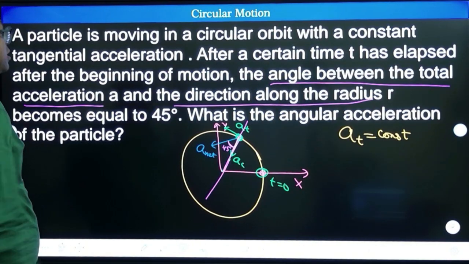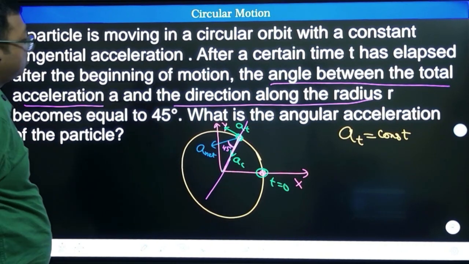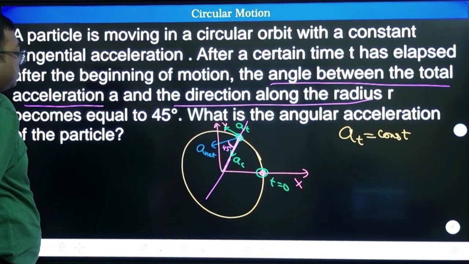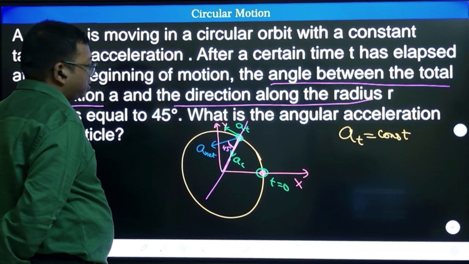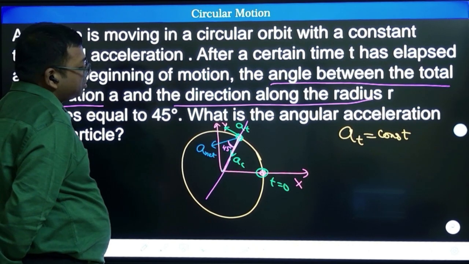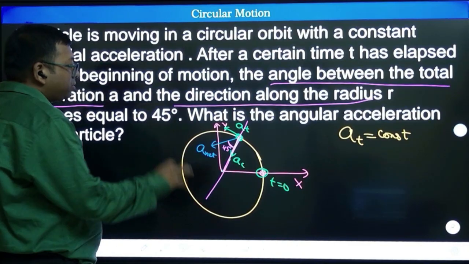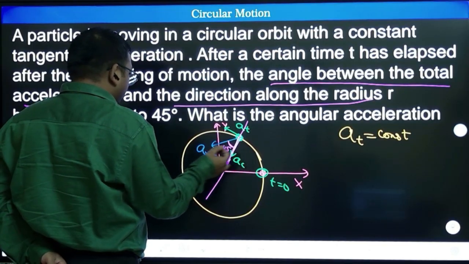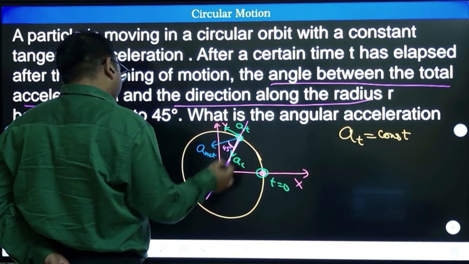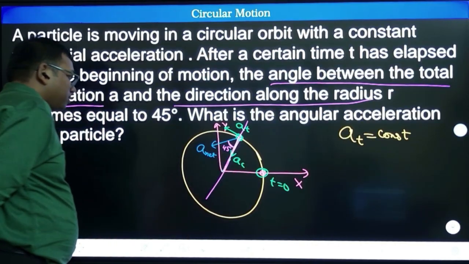It is moving in a circle only, so you have to take a circle. You take whichever way you want, but you need to take it such that the total acceleration makes 45 degrees with this.